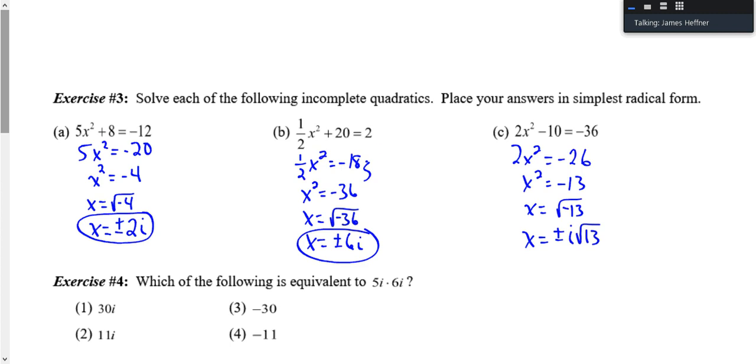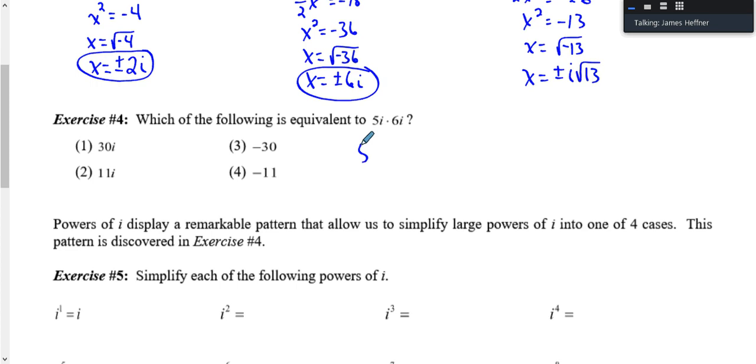What if it was 5x times 6x? What would you get, guys? 30x squared, right? Okay, so instead of x, you're going to use an I, aren't you? That makes it 30i squared.